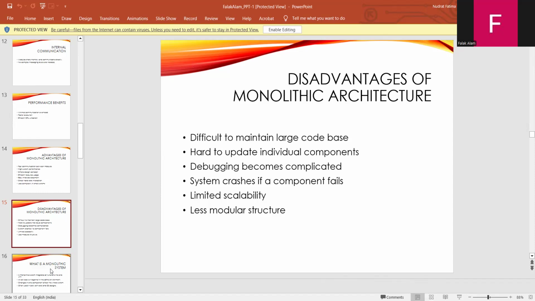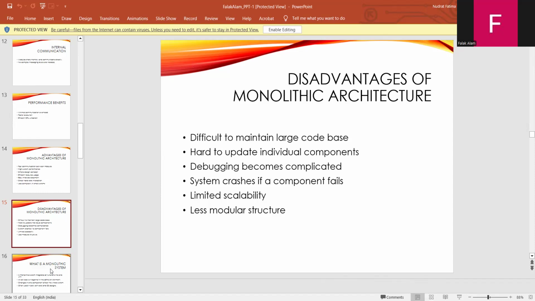And the other more complex problem is debugging. When any error occurs, it is very difficult to identify the source of the problem.